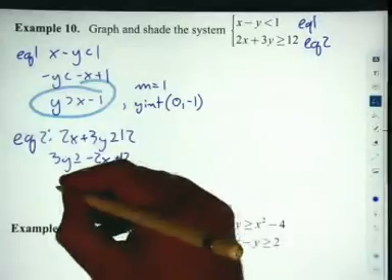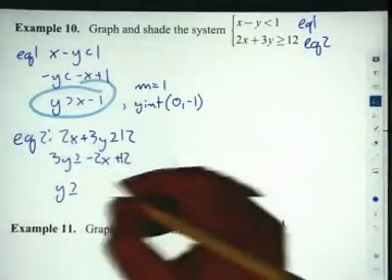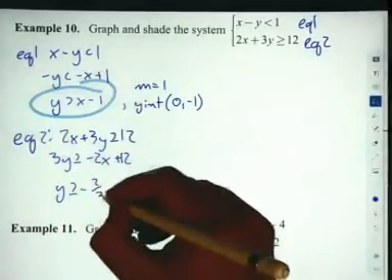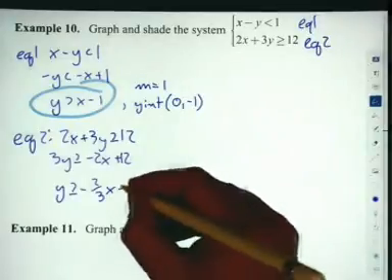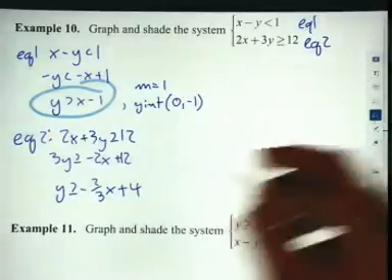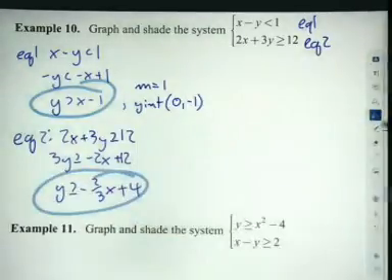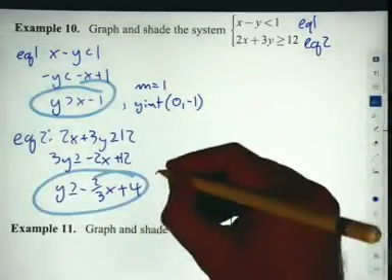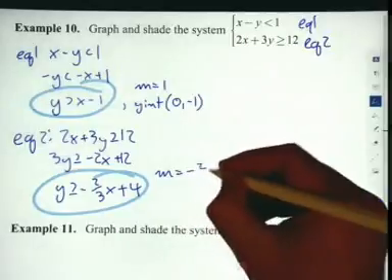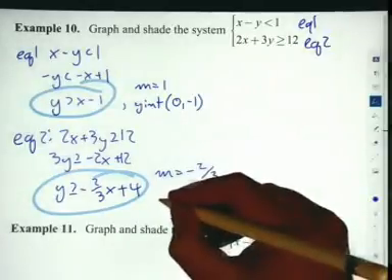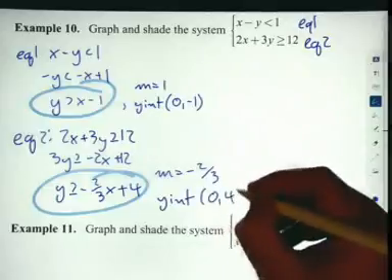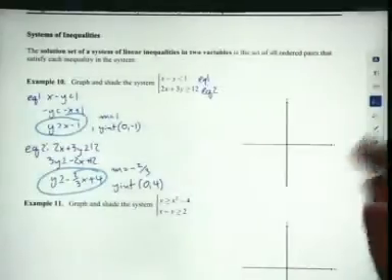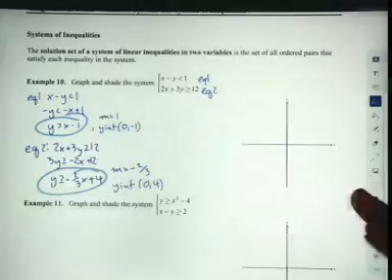Divide everything by 3, we get y is greater than or equal to negative 2/3 x plus 4. I'm just going to circle that and make some quick notes. My slope is negative 2/3, and my y-intercept is at (0, 4). So let's go through and do some work.